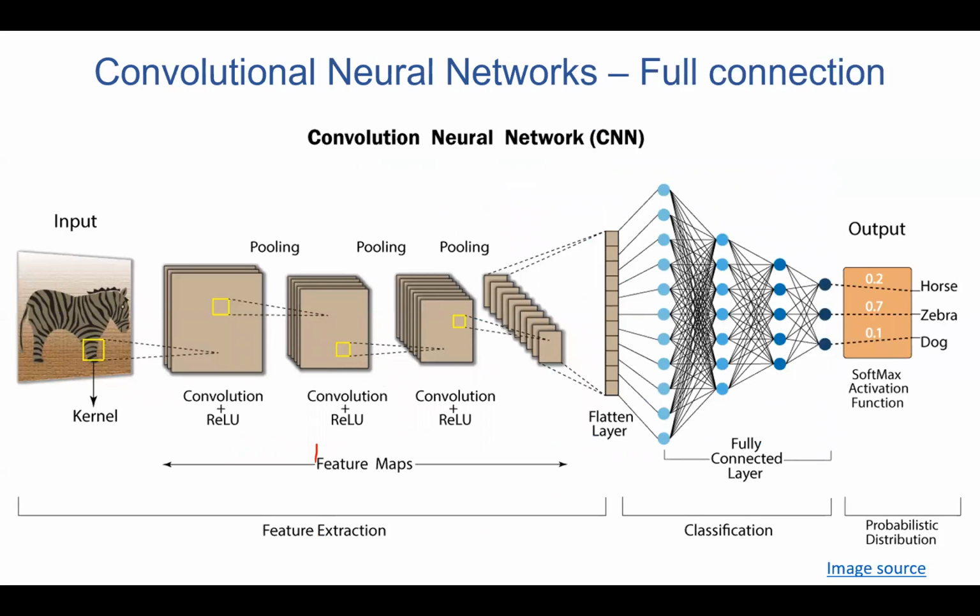So you see, we provide the convolutional neural network an image as an input. We apply several convolution operations using multiple different filters at each layer. We do the pooling to reduce the size. We again do some convolution operations, do the pooling, reduce the size.